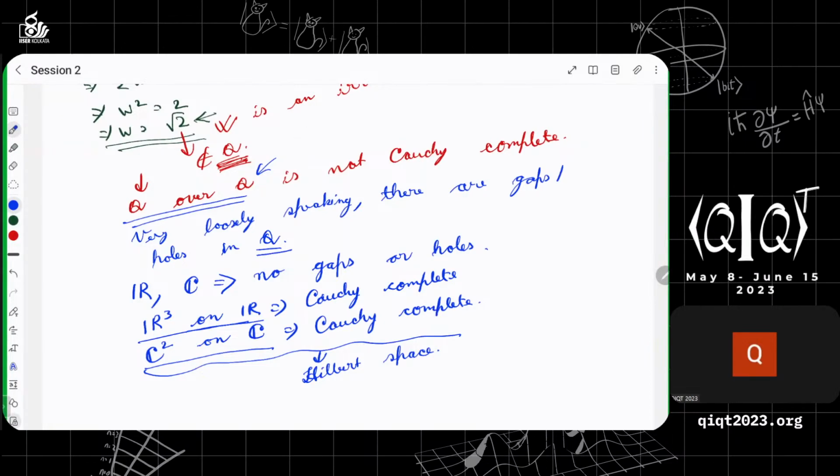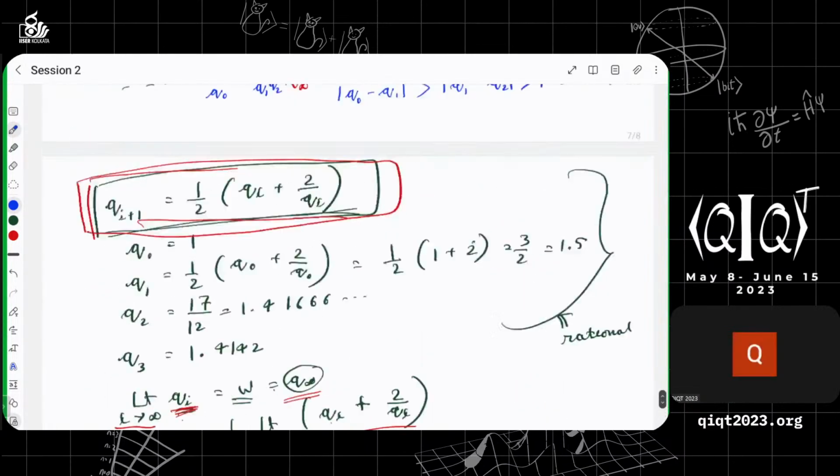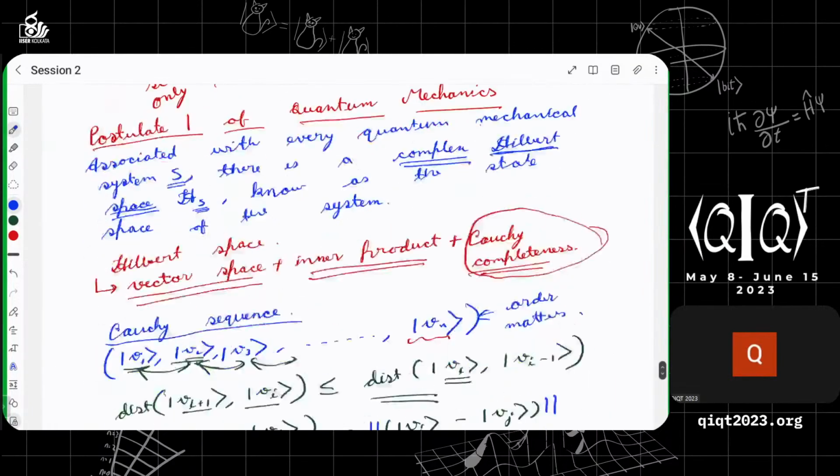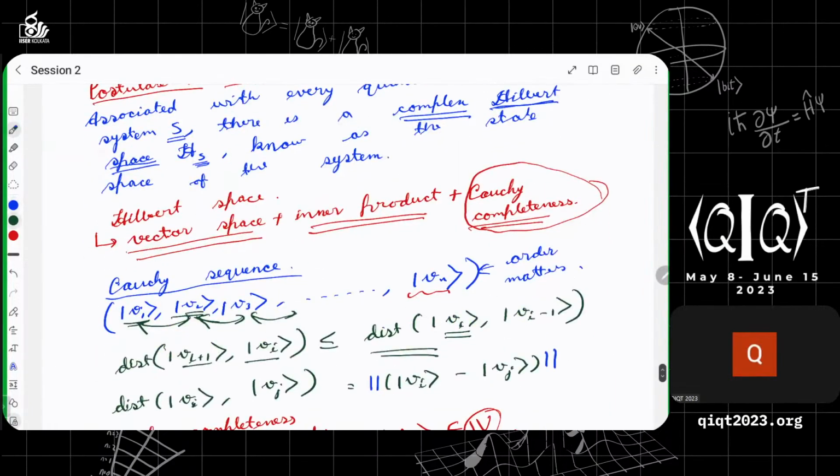So it is an inner product space, but it is not Cauchy complete, so we cannot call it a Hilbert space. Yes, you are absolutely right. So a Hilbert space is a vector space with inner product and Cauchy completeness defined, right? Exactly. I defined that here. It is a vector space with an inner product plus Cauchy completeness. Okay, thank you.